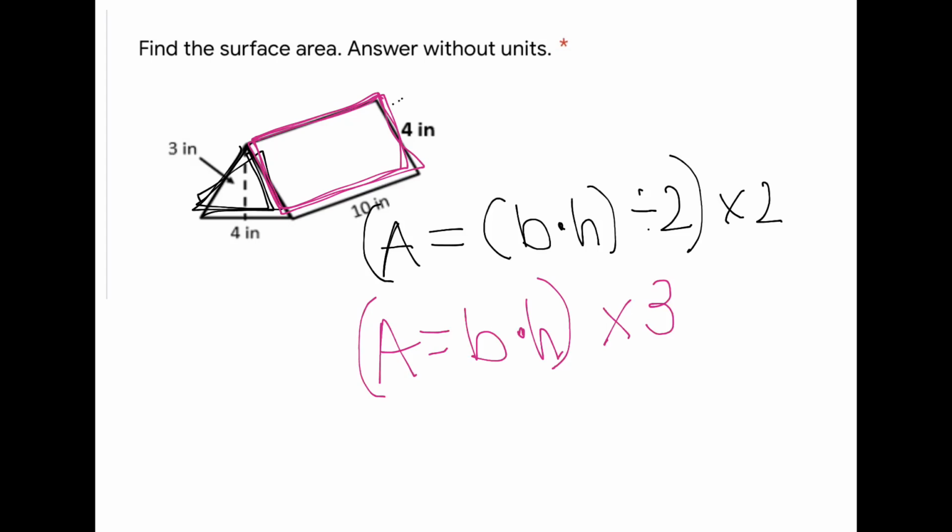There will be 3 of them because you have 2 sides and then 1 on the bottom. And finally, you will add this plus this. You will add them together to get the surface area. Remember, answer without units. So you will not put inches squared. You will only put your number.